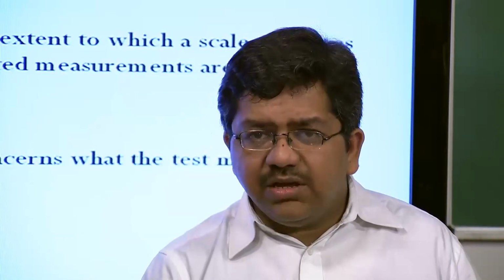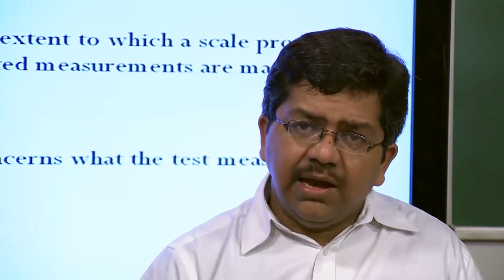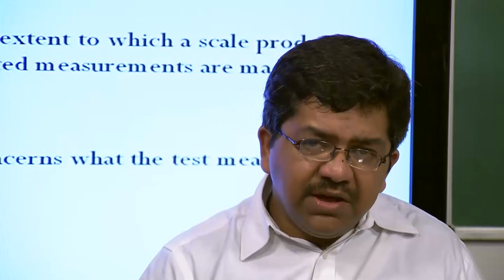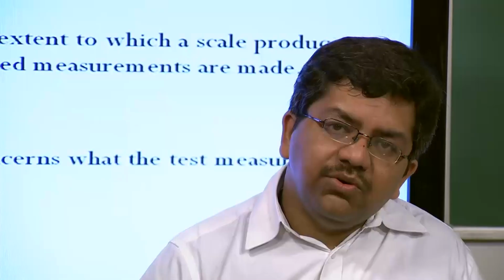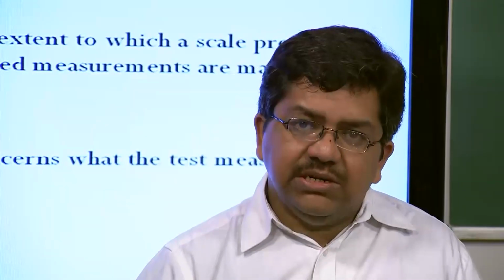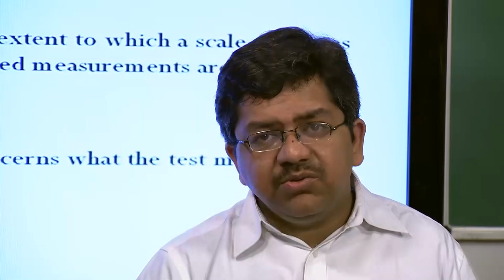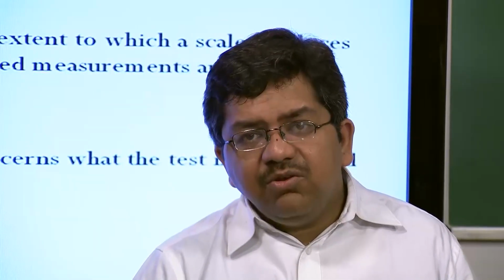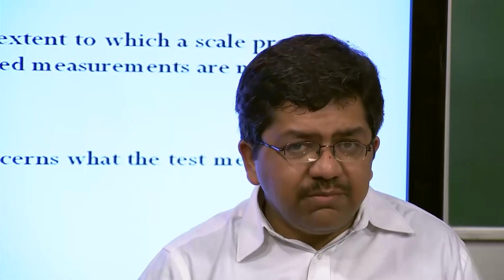Suppose there is a weighing scale and you are trying to measure your weight, and from some other weighing scale which was working fine, you know that you weigh 65 kg. Now, when you measure it on this new weighing scale, you find that your weight comes out to be 67.5.